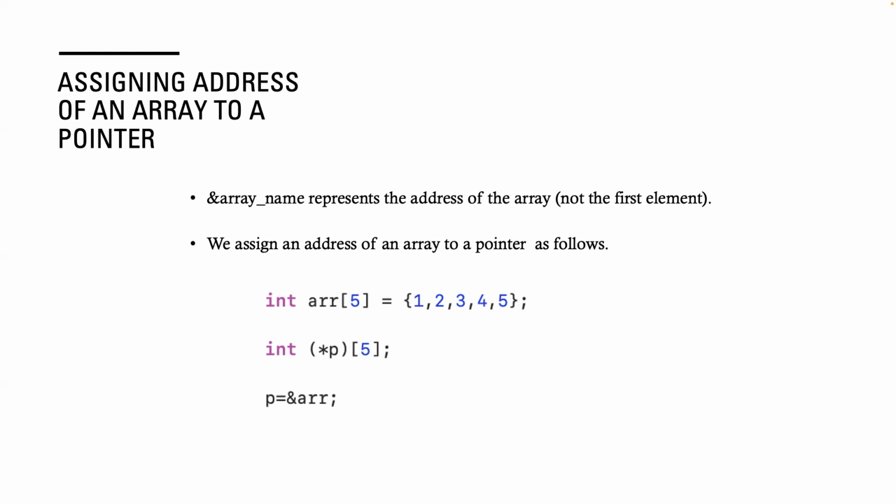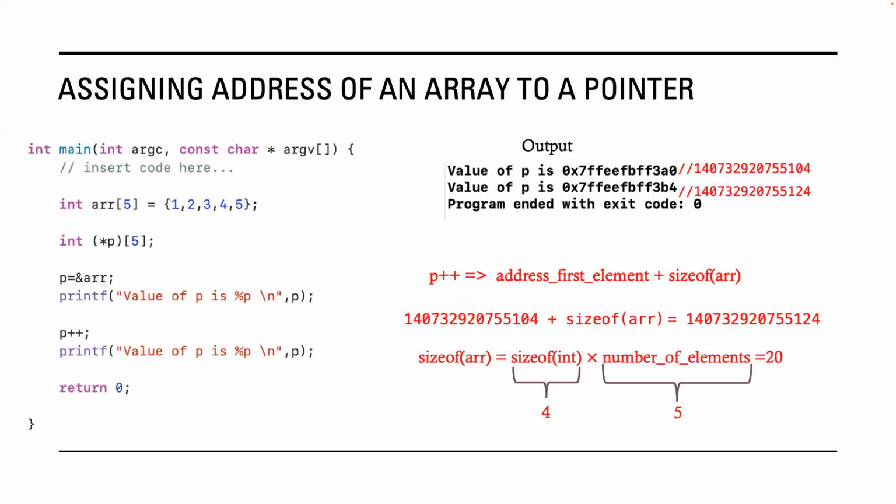However, here what happens is I am using this ampersand mark before the array name. So now this is a different scenario. This ampersand ARR means it represents the whole array. Therefore I have to declare this pointer as an array.